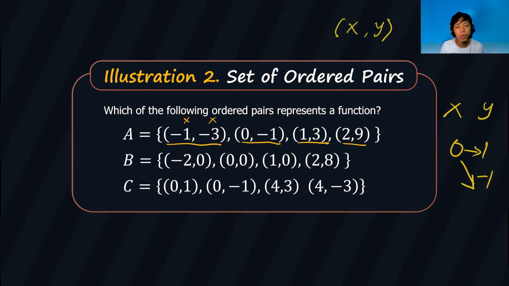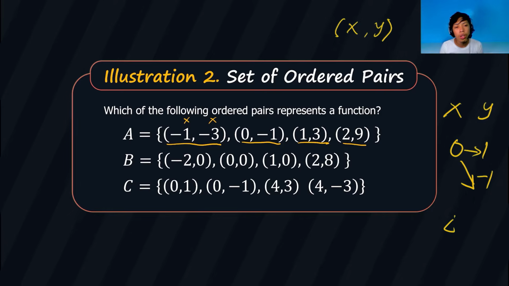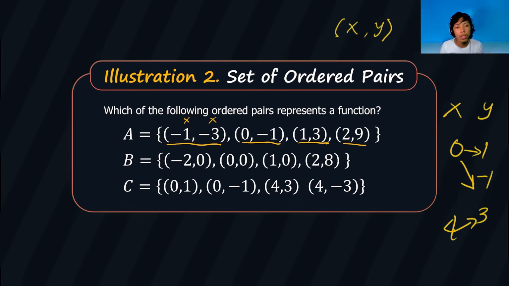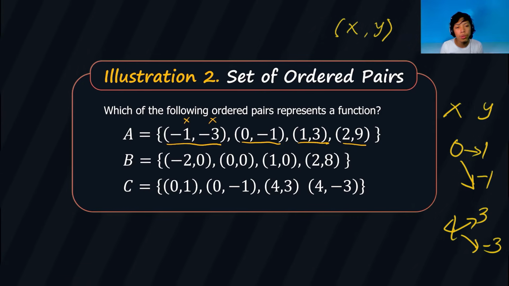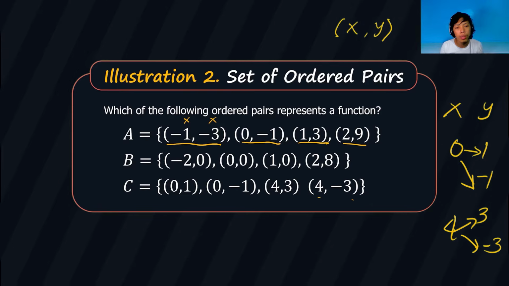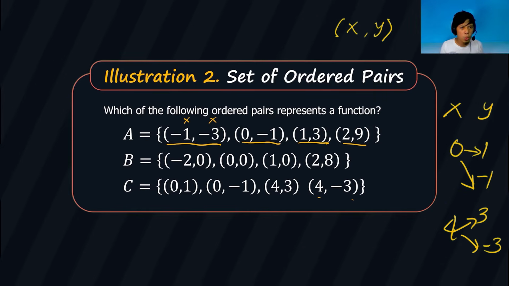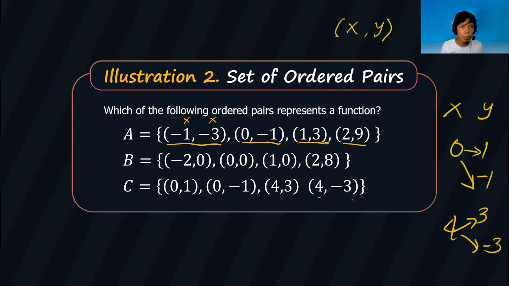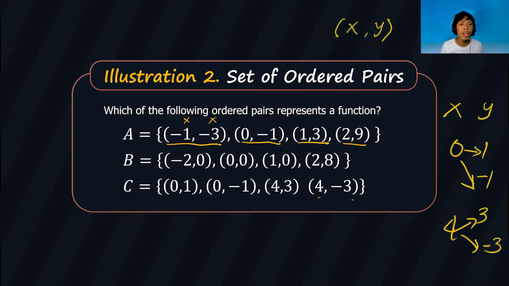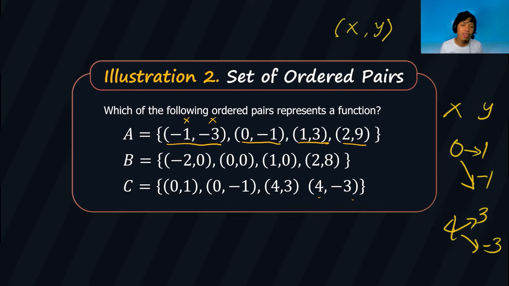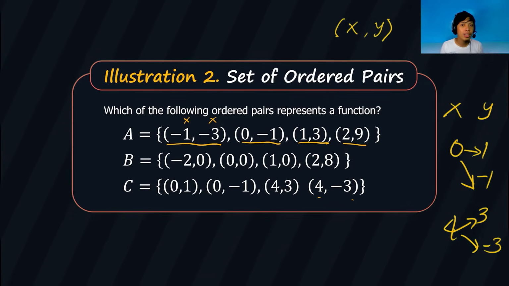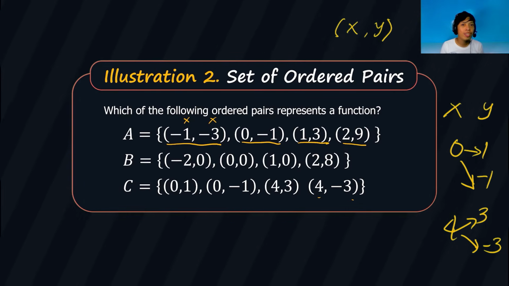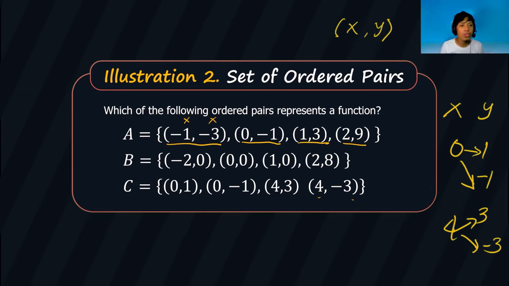And 0 also corresponds to -1. And we have 4, 3, which corresponds also to -3. So you can see that an element in X corresponds to more than one element in Y. That means that letter C is not a function. Right? Letter C is not a function.